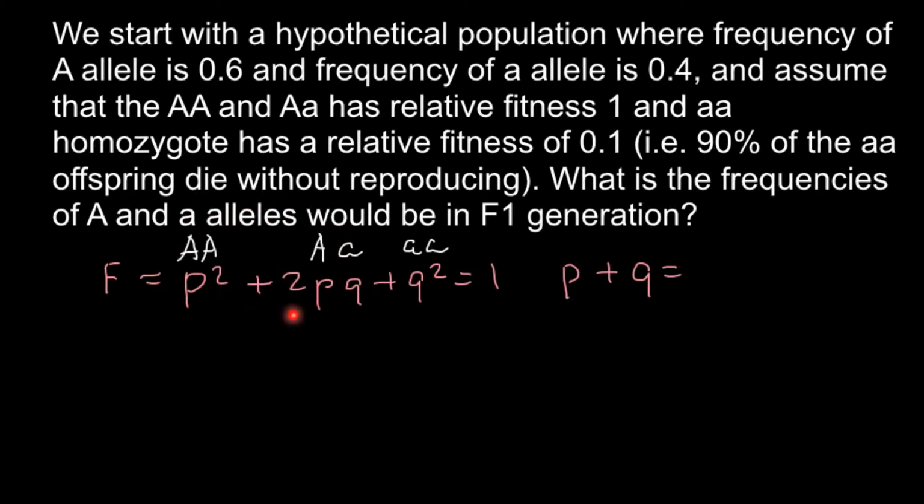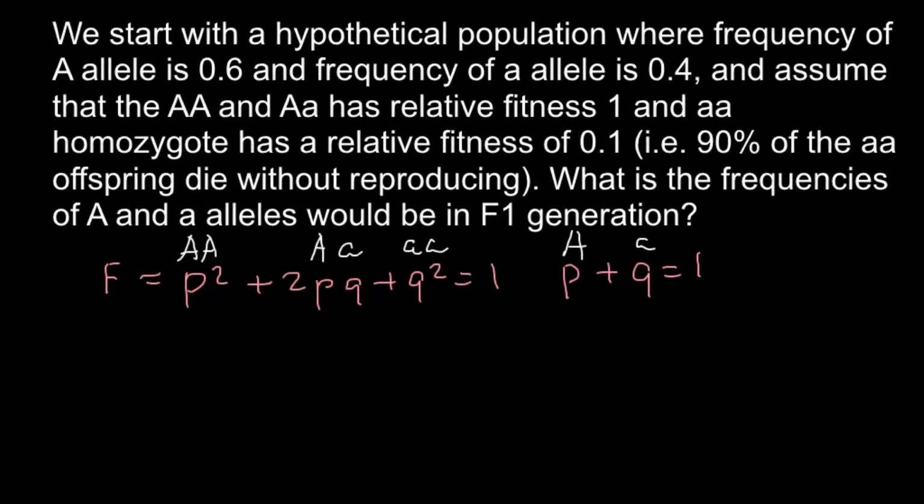P stands for the capital A allele, and Q stands for the small a allele, which we can find in the homozygous recessive form, and 1/2 of the alleles in the heterozygous form would also be small a. So all p alleles plus all q alleles would also equal 1. Now we can use this formula to solve our problem.